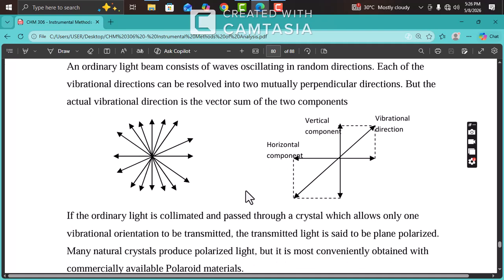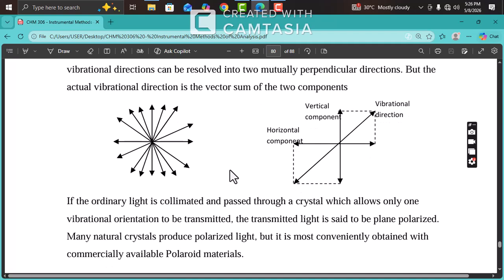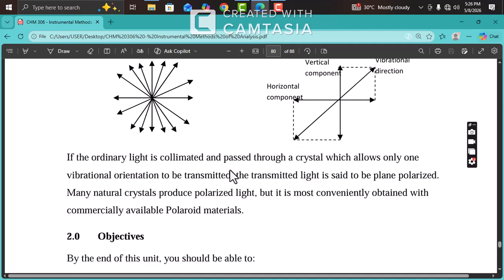Now, it is possible for a crystal to rotate the plane of polarized light. You can rotate this way or rotate that way. That is what we are going to look at: the extent to which a crystal or a substance or sample can rotate.